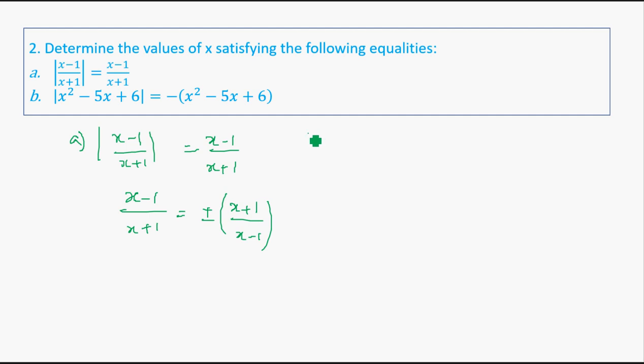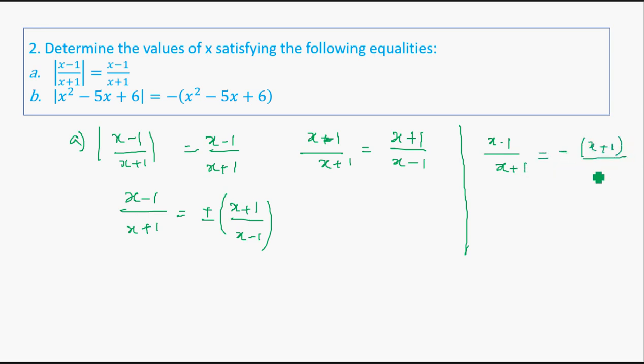Now again we will take one side the plus condition, so x minus 1 by x plus 1 is equal to, let us assume this is positive, right? And the other side we will take x minus 1 by x plus 1 is equal to minus of x plus 1 by x minus 1.